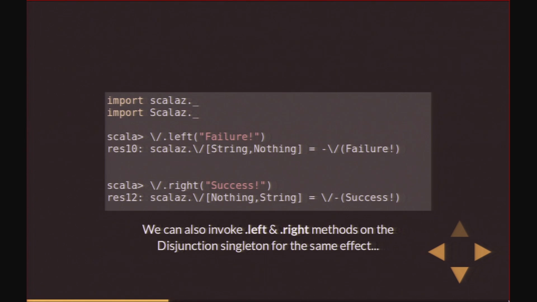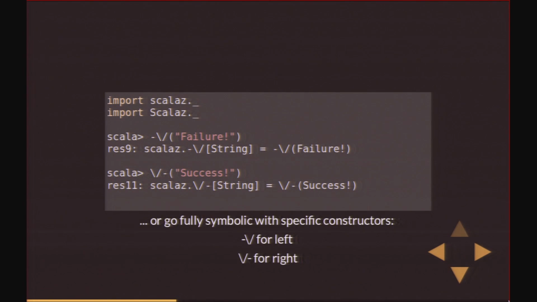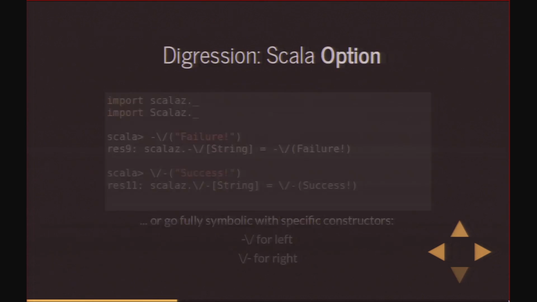They may miss the fact that you've called .left on a string. And so this is probably your best route to go down. But you do have this. You can explicitly construct this as you need to. Now, these can also be used in pattern matches. So you can say case, left disjunction, whatever the value is, just like you can in any normal case class or option extraction in Scala.